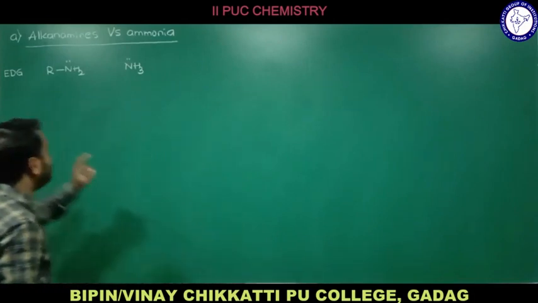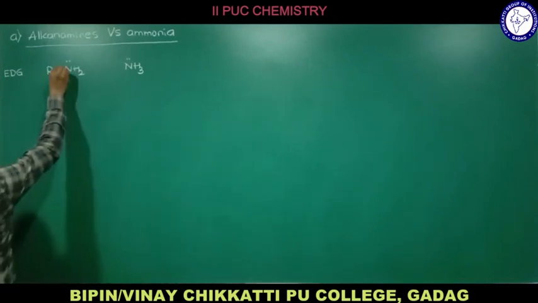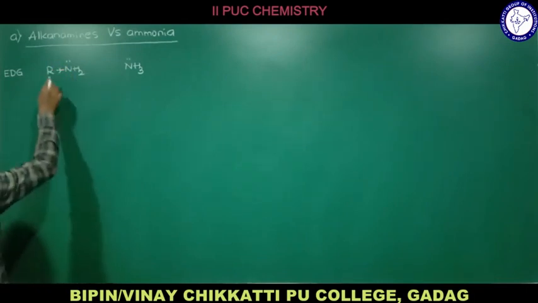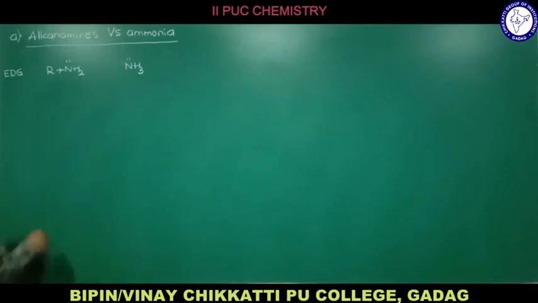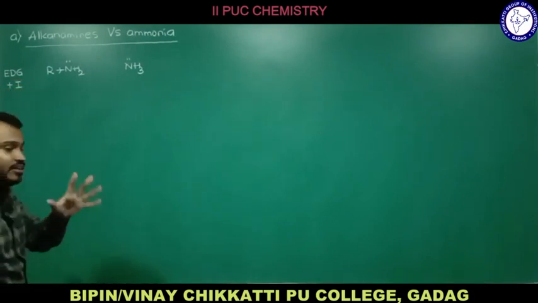So what happens, these alkyl groups are going to donate electrons to this nitrogen. This arrow mark I am going to write indicates that this particular alkyl group is going to donate electrons to this nitrogen, and this effect we call the plus I effect, that is nothing but positive inductive effect.